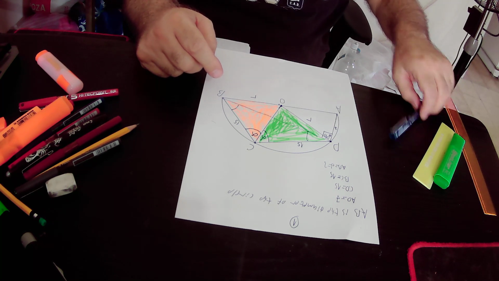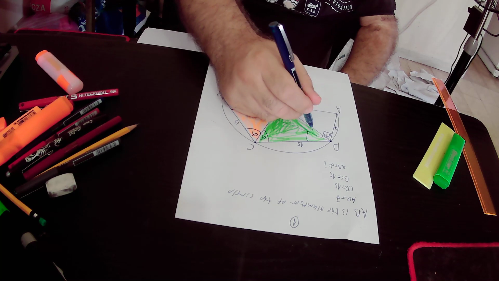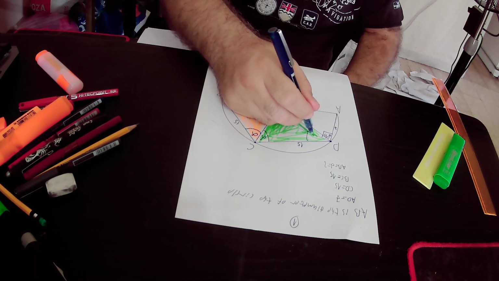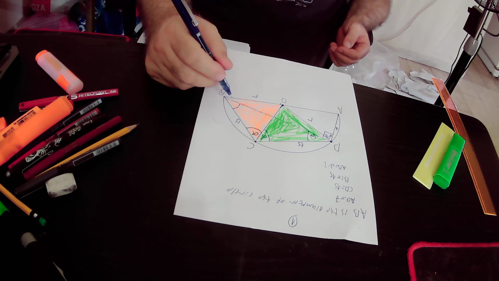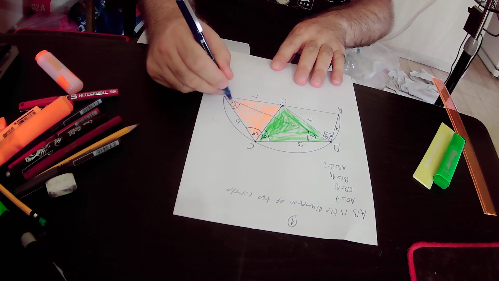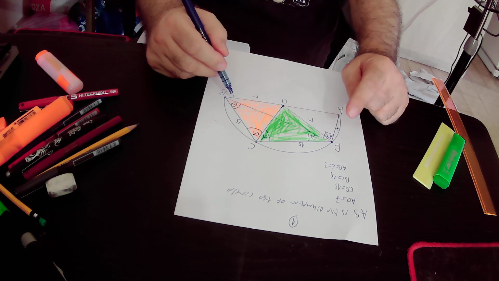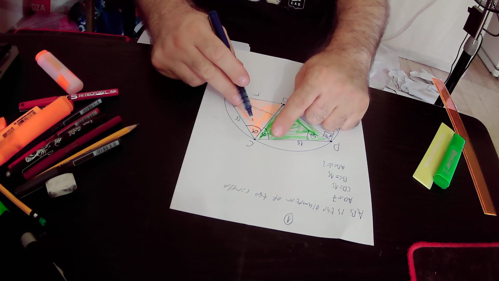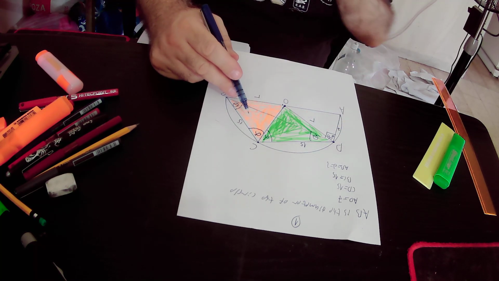If we define angle BDC as theta, then angle DBC will also be equal to theta because those two angles are equal to each other. So those two angles are equal to theta, and we also know that those two angles are equal to each other, both equal to alpha.